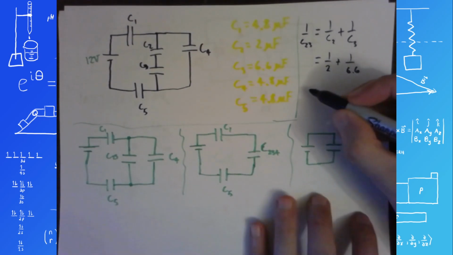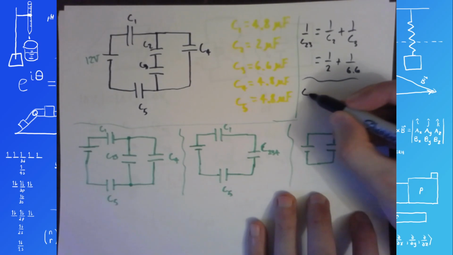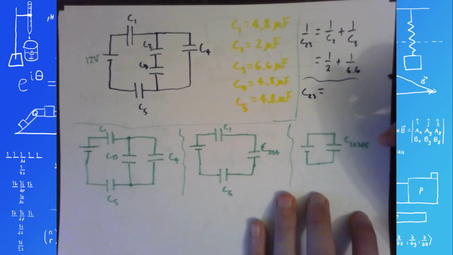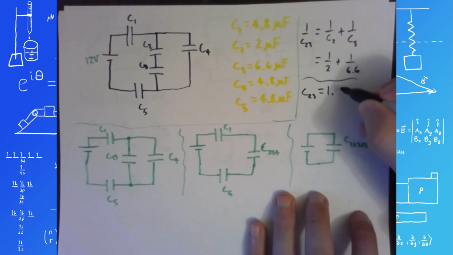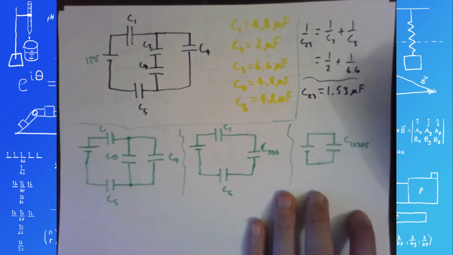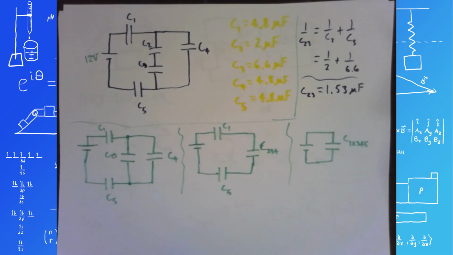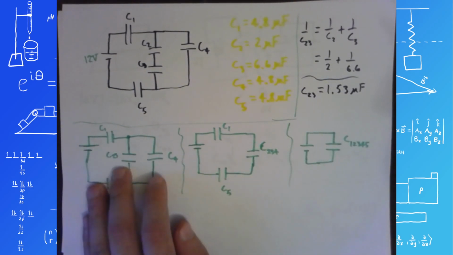And I'm getting C23 is equal to approximately 1.53 microfarads. Okay, so that's C23.